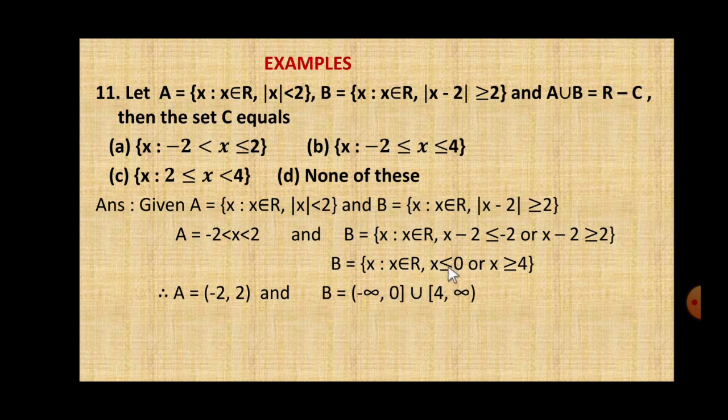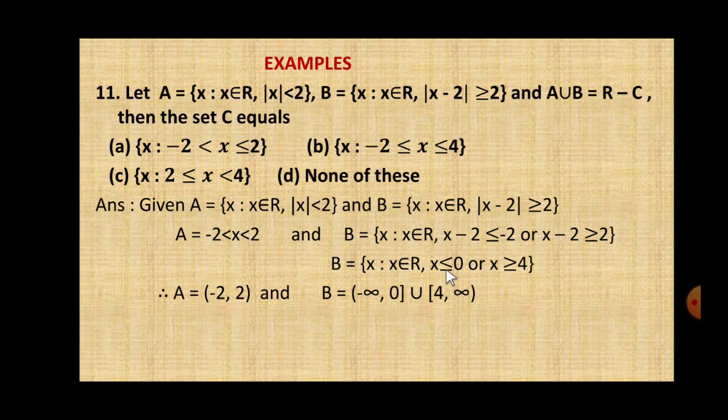Here 0 is included, so we will get interval minus infinity to 0, closed interval. Or means you can take union. Next x is greater than or equal to 4 means we will get closed interval 4 comma up to infinity. So this is a set roster form.